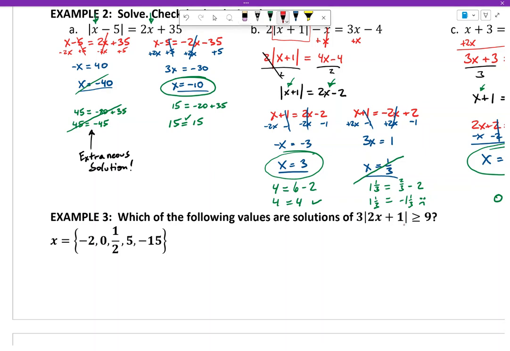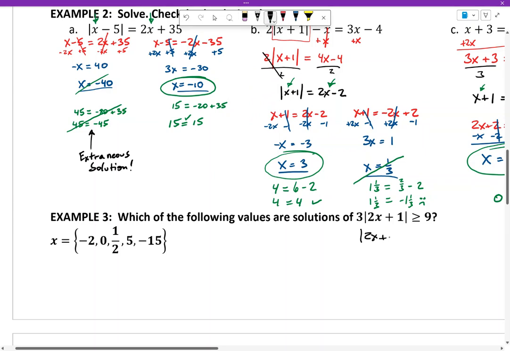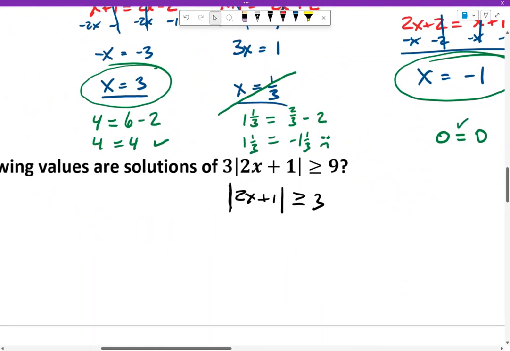So first, let's isolate by dividing by 3. And we end up with the absolute value of 2x plus 1 is greater than or equal to 3. And now we can write our two cases. Just be careful, we are working with an inequality here instead of just equations.